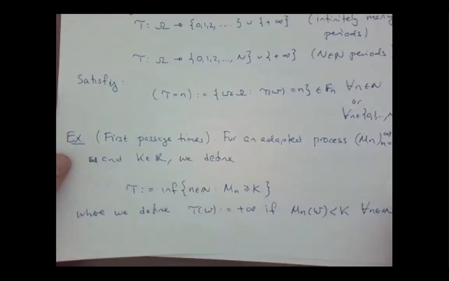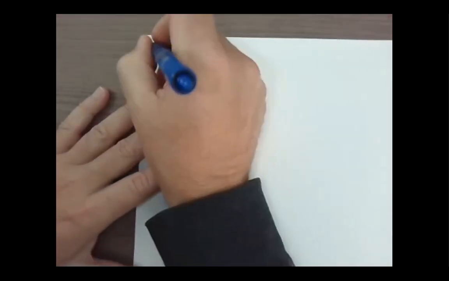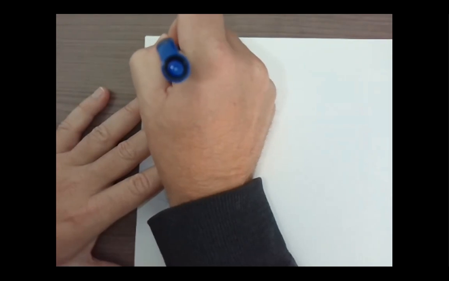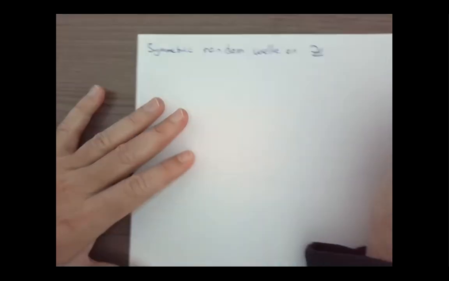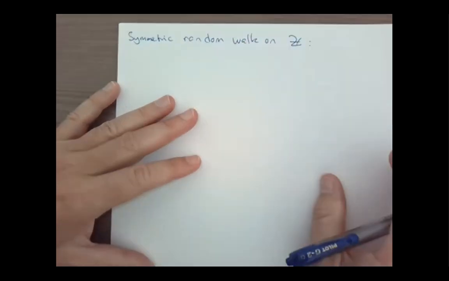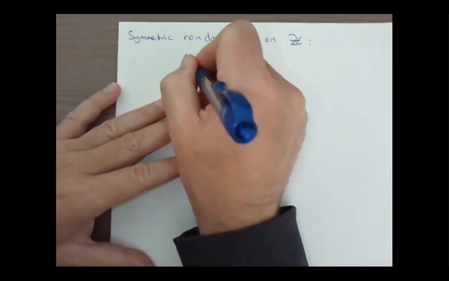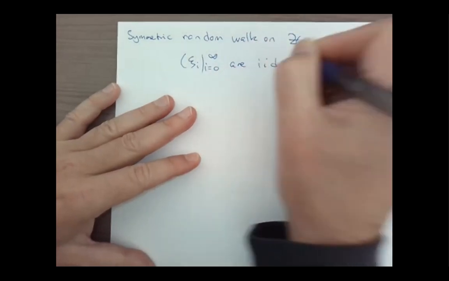Let's do a big example. We're going to go back and work out this first passage time example in great detail for the symmetric random walk on the integers. So what you do is you start out with coin flips, psi i, for i equals 0 to infinity.